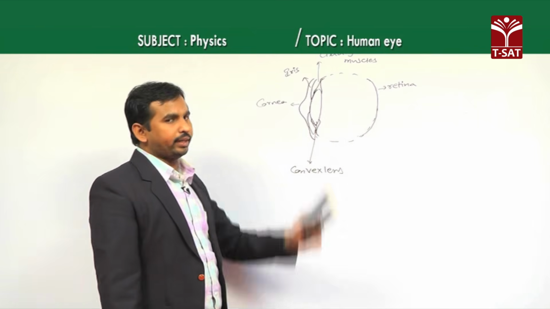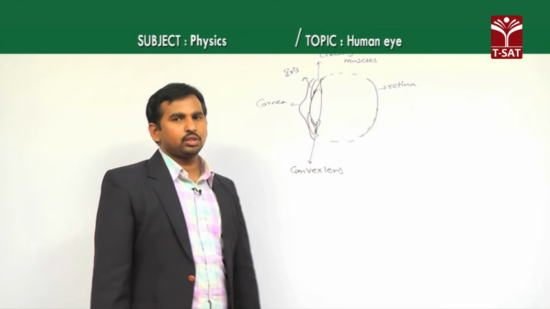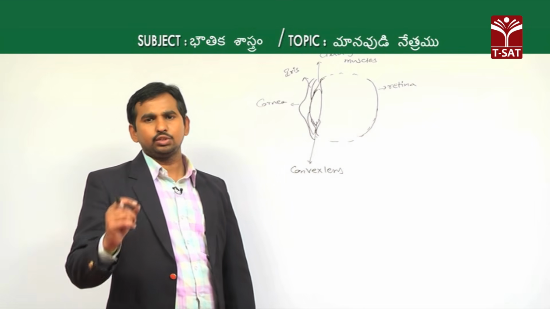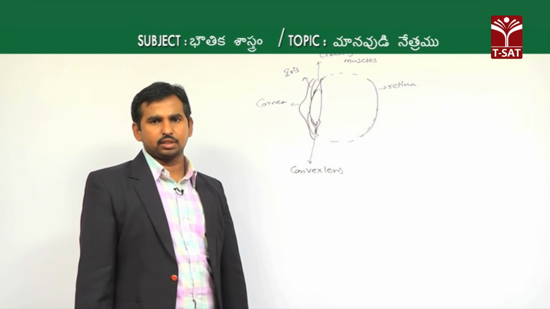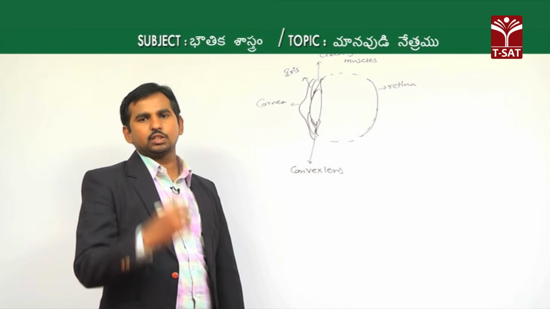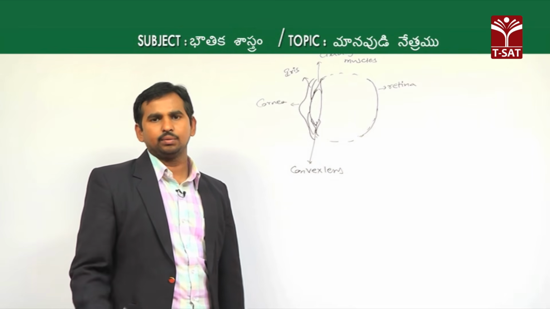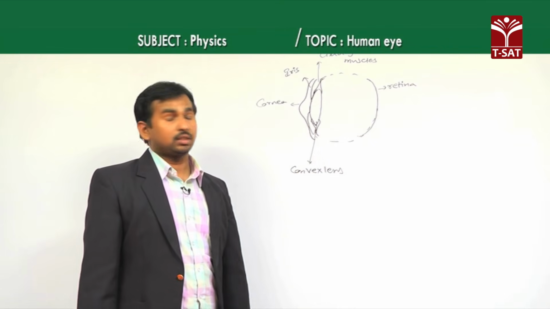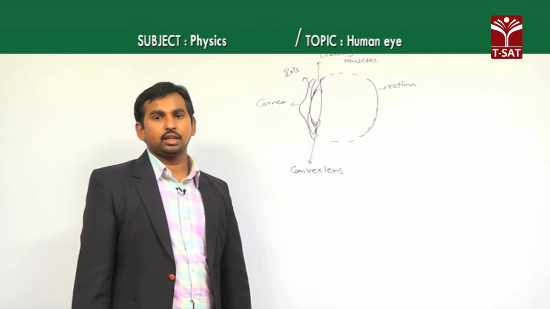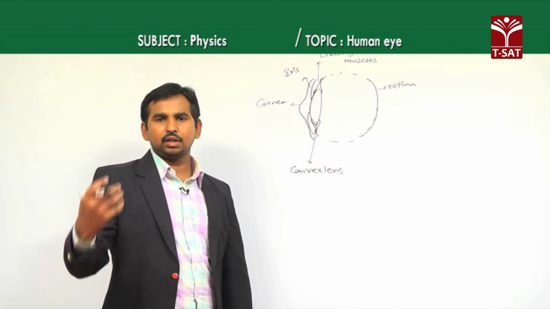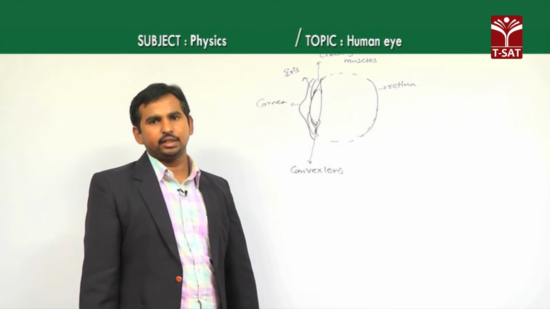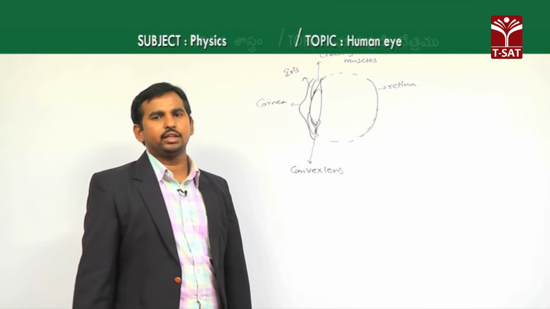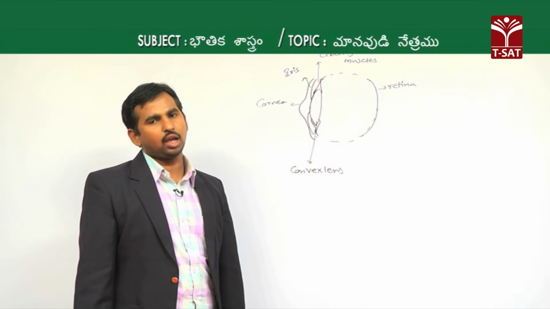And next, the iris. Our eye lens, the convex lens, is very sensitive. Whenever it is exposed to high intensity light, the eye can get damaged. That is why the iris acts like a shutter here. Whenever a high intensity beam of light is entering, it does not allow all the light rays to come directly onto the eye lens.